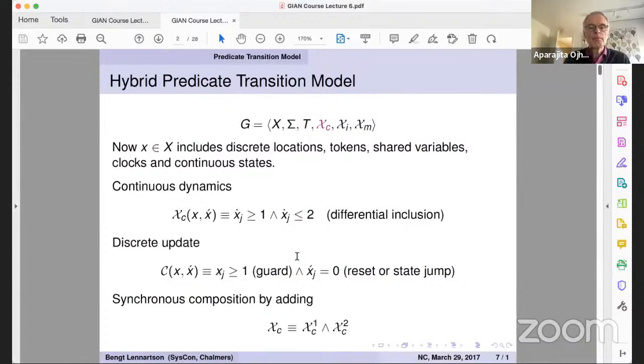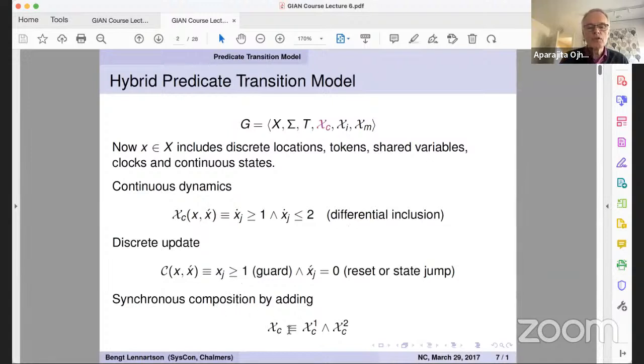And if you add this to the transition conditions, and in this way the differential equations, we can say that what we have done is not much more than what we had before, where we had the simple, only logical predicate transition model. It's actually only the continuous set with differential equations, which is the main additional part. Then you have a set of initial states, and you could also have some marked states here.